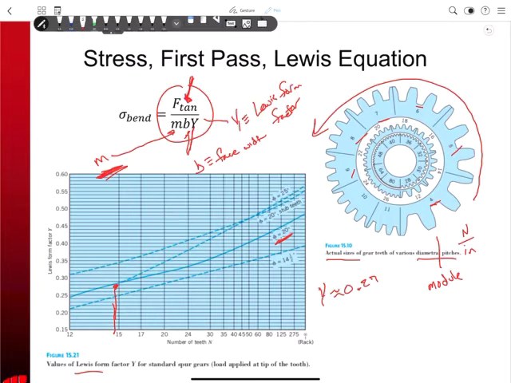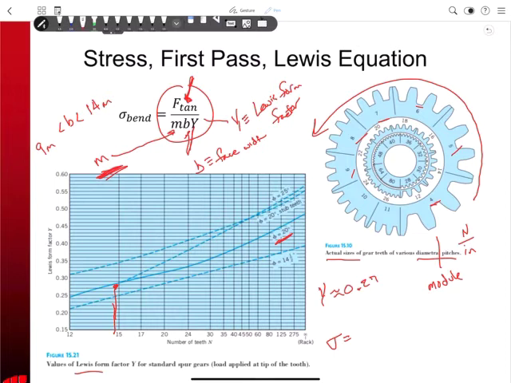So sigma equals F tangential, we got that figured out. Module 5, that's fine. Y is 0.27. B, what's our face width? We don't have a good face width yet. In general, we want the face width B to be between 9m and 14m. We don't want gears that look like pancakes, nor gears that look like hot dogs. We want gears that are a nice jelly donut, like a custard-filled Bismarck. Oh, delicious.